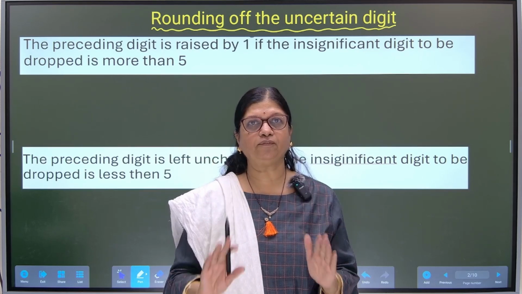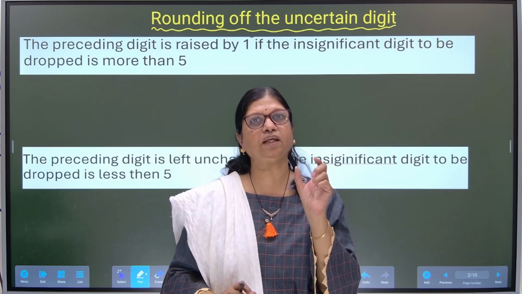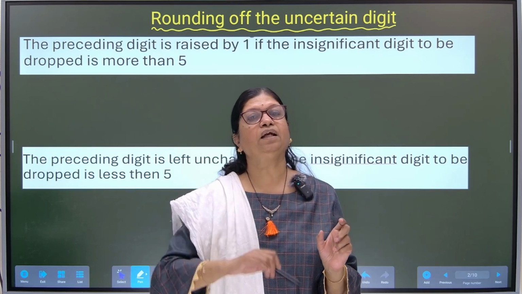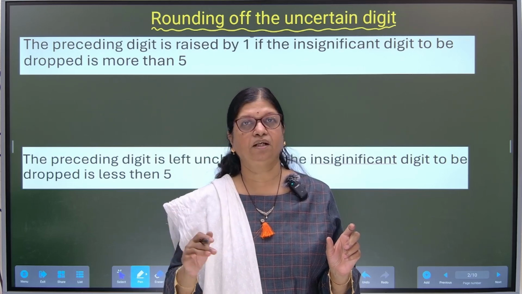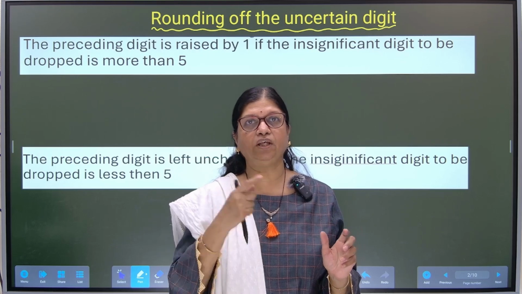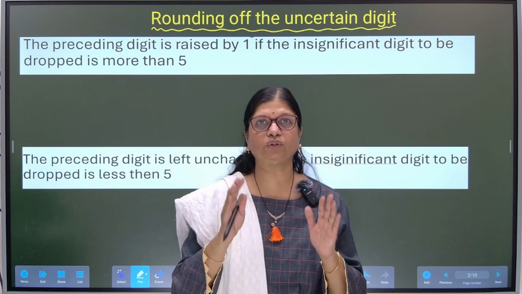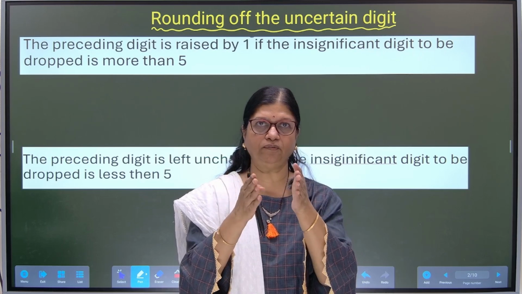For example, we have to reach significant number 3 of the given data. Then in our measurement we may have 4 or 5 digits. So the extra 2 digits or 1 digit we have to round off so that we reach the correct significant numbers or figures.